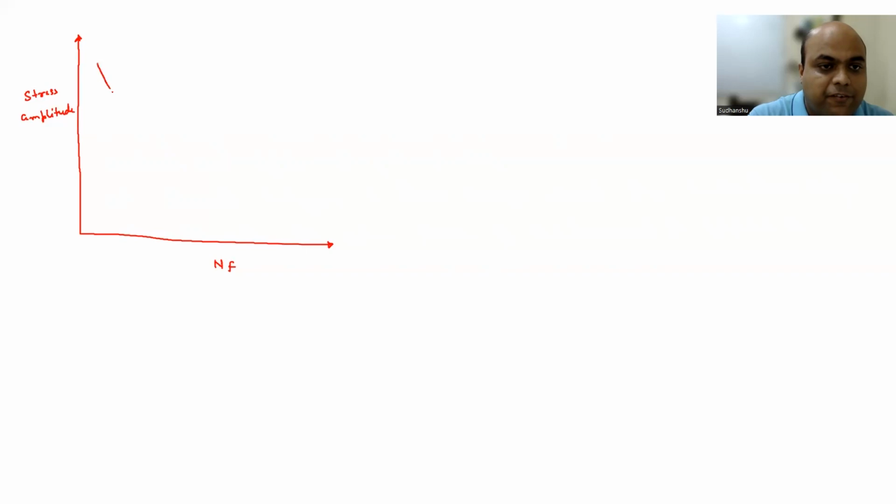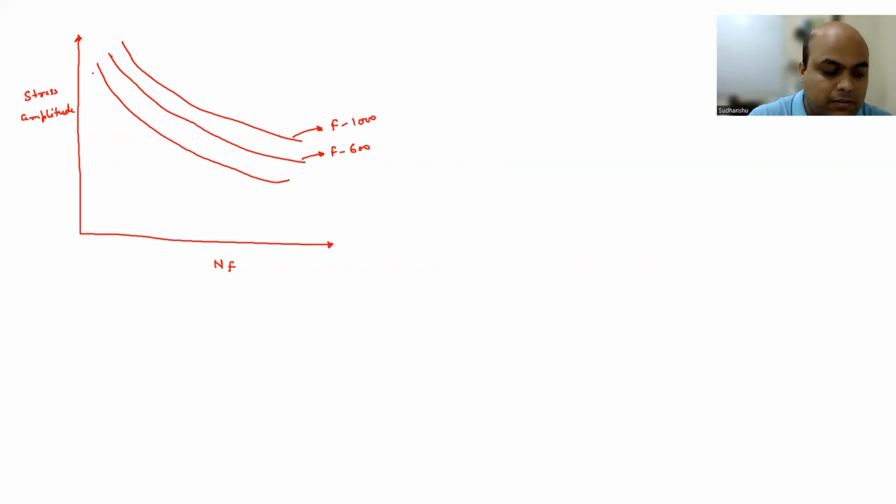So we have first the unreinforced, then we have some composite which is named as say F600, then F1000, and the last one is say F280, and this is unreinforced.